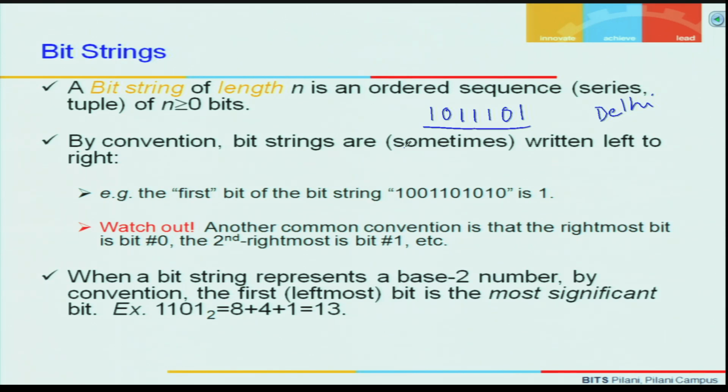For example, in this string, 1 is the first bit. Traditionally some people call the rightmost, second rightmost, and so on. But definitely the first bit of a string is always the leftmost bit. And I think given a bit string, you know how to compute its value.